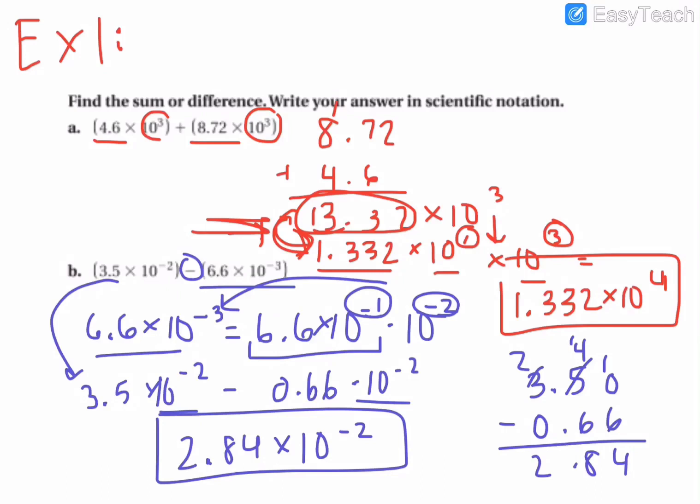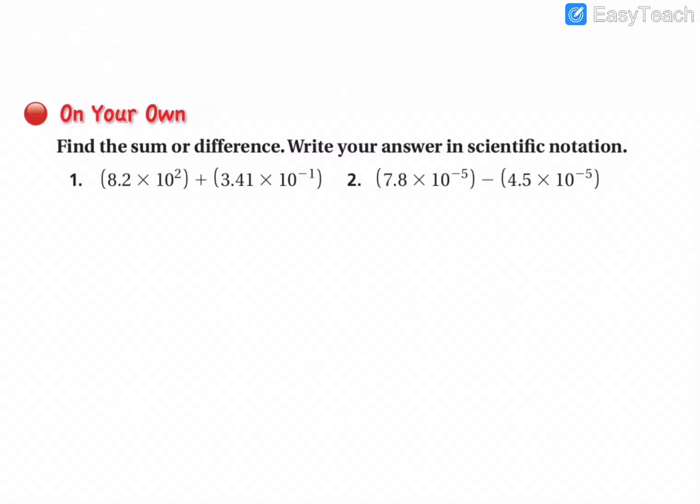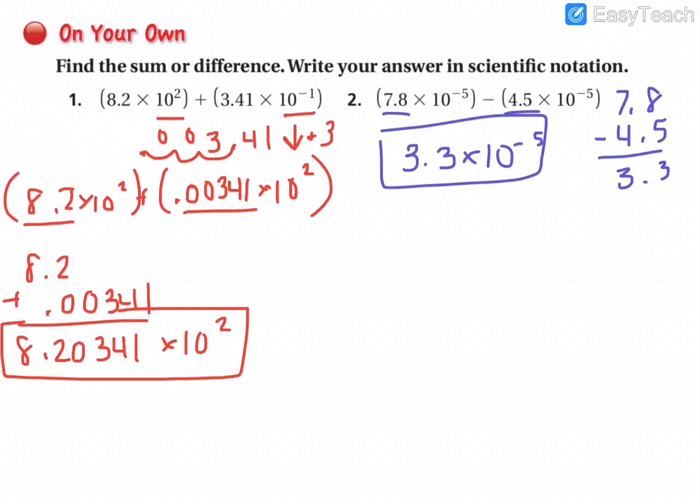Okay, now try these two on your own, and come back and check in a couple minutes. Okay, so here I have worked them out. Obviously the first one was harder than the second one. Matching up your exponents in number 1, I chose to change the second one. I just like positives better, as we all know.